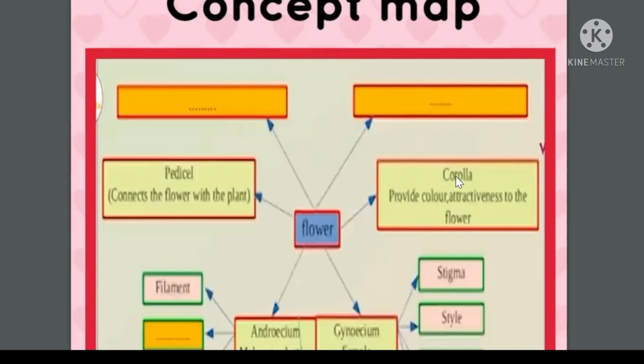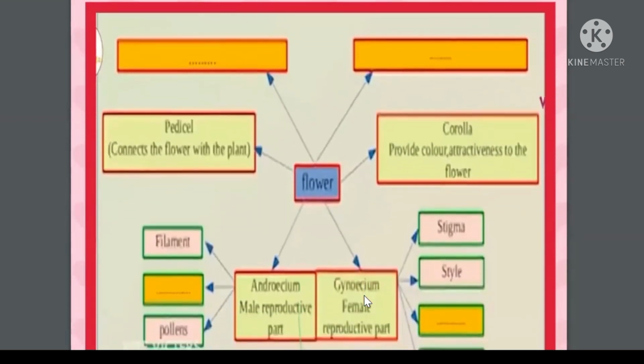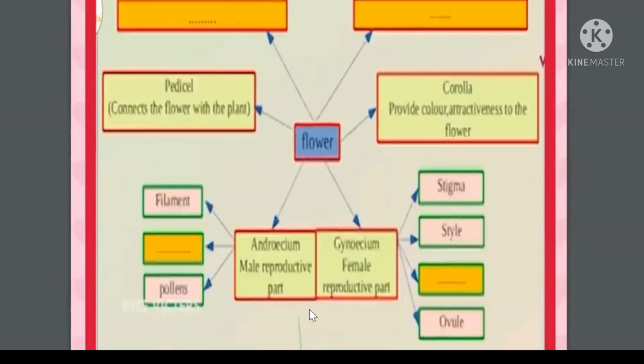And another part of flower is written here, corolla, and its function is also written here. These parts also given to you. Okay. And certain portions we have to complete here. Try to complete these portions as you can. Otherwise, we will discuss this in detail in the next class.